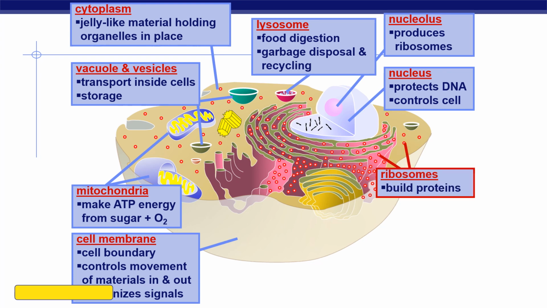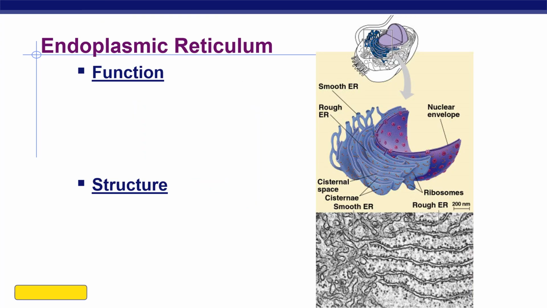So ribosomes build proteins. And then we have here the endoplasmic reticulum. So look at the endoplasmic reticulum. The endoplasmic reticulum is actually attached to the nucleus. So let's find out why it seems as though it is attached to the nucleus.